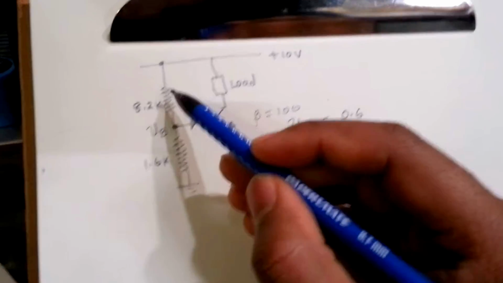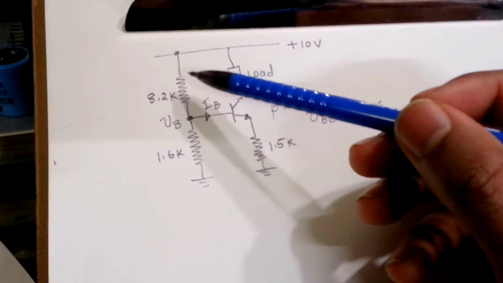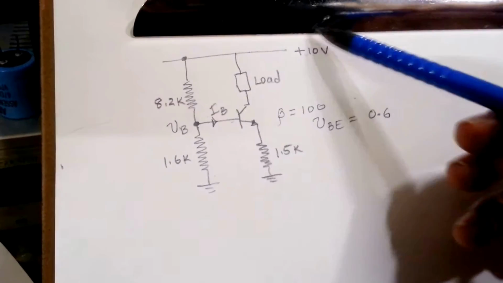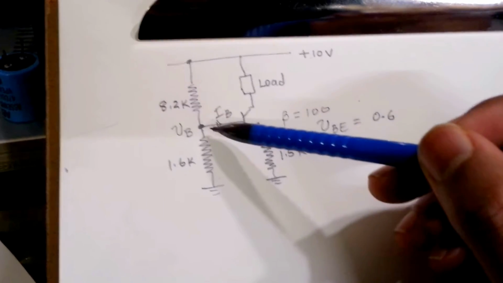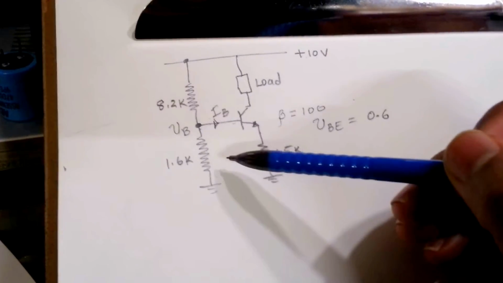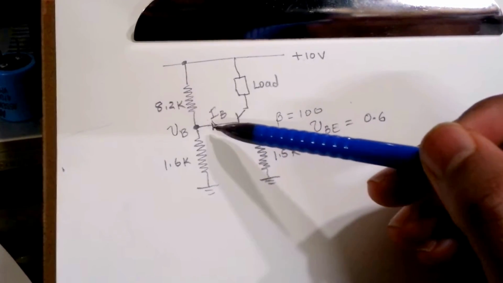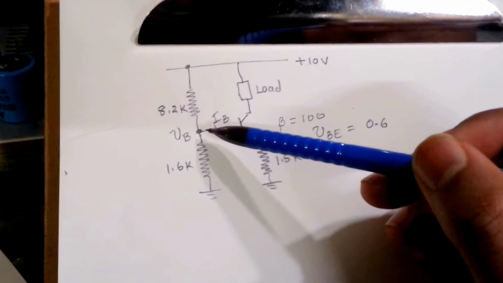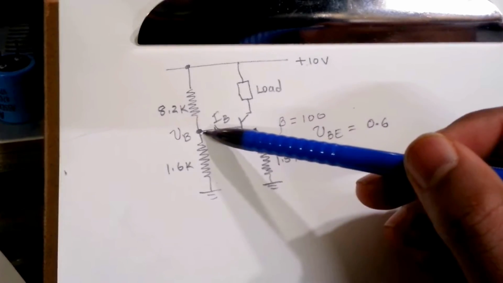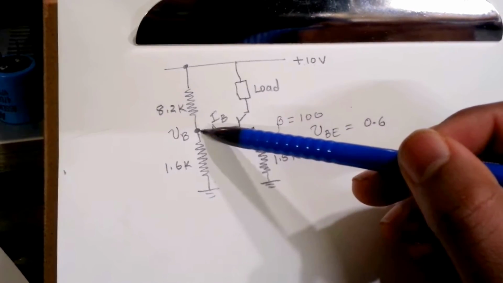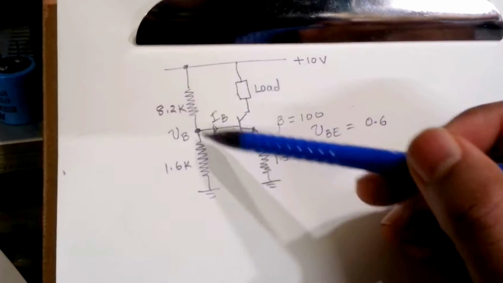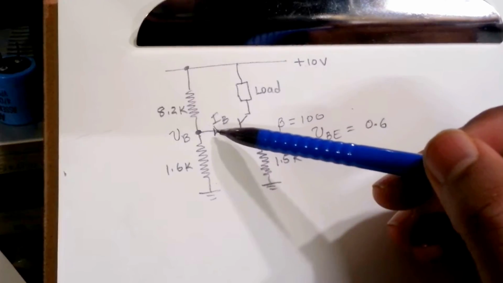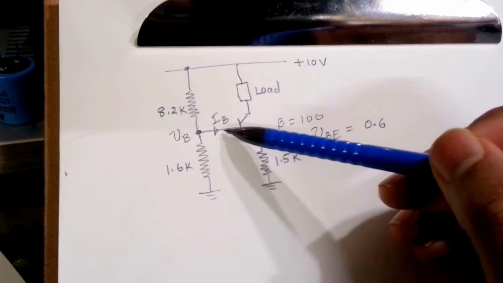Usually, as mentioned earlier, you could just do a voltage divider and find the base voltage, because we know our supply voltage, and ignore the base current and solve it. But I don't like to use that method. I want to remain as accurate as possible, so I will consider the base current. It's very easy. All you have to do is write the KCL at this point, which takes into account the current flowing in all these 3 branches, and that will give you as accurate a solution as possible instead of ignoring the base current.